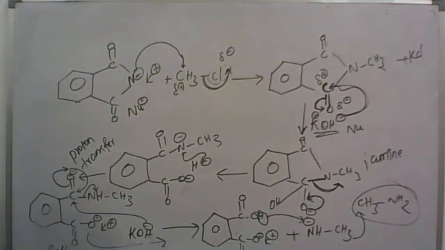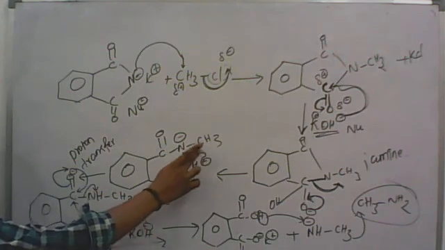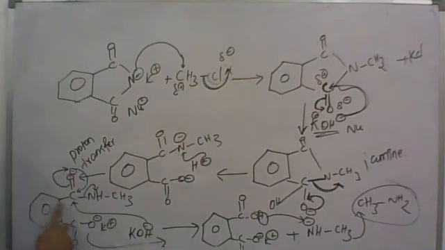And next here is a proton transfer. Here the proton transfer is going to take place. So when this happens, what we get is this product. In the next step, again we react with a KOH. In this KOH, the OH group is acting as a nucleophile. The nucleophile is going to approach the electron deficient carbon.